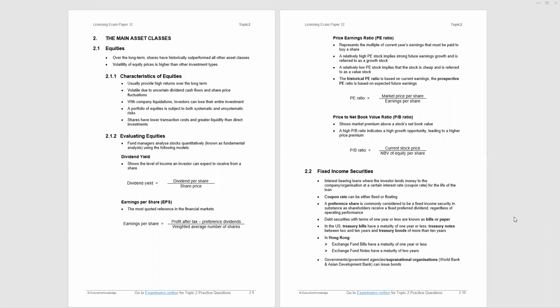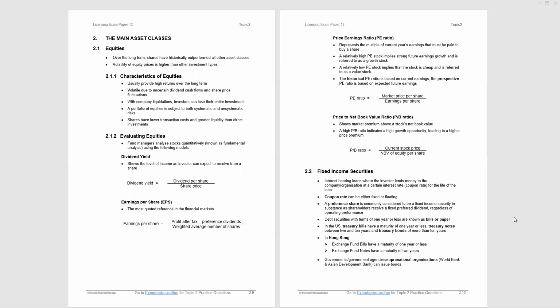derivatives, and others. Now, 2.1 equities, well, over the long term, shares have historically outperformed other asset classes, although over the short term, often they underperform, depends on the stage of the economic cycle. Volatility of equity prices is indeed higher than other investment types. Now, what are the characteristics of equities? Easy to examine.